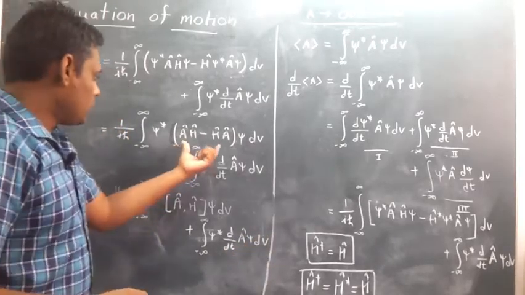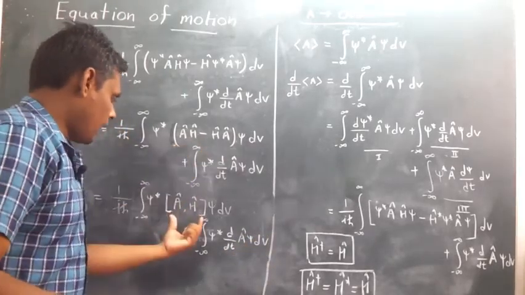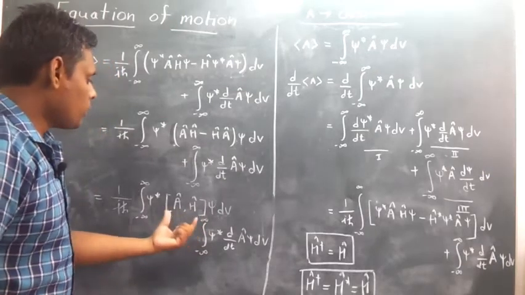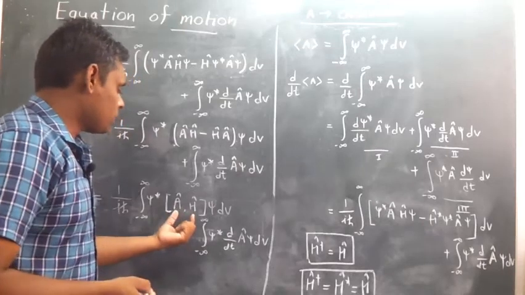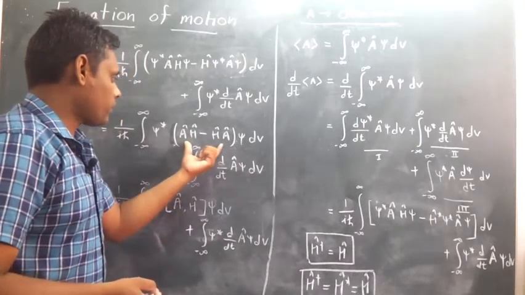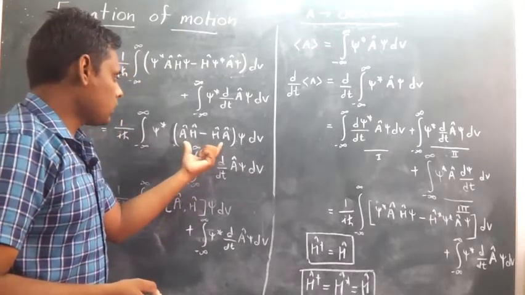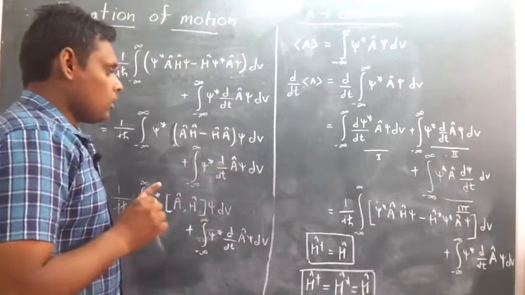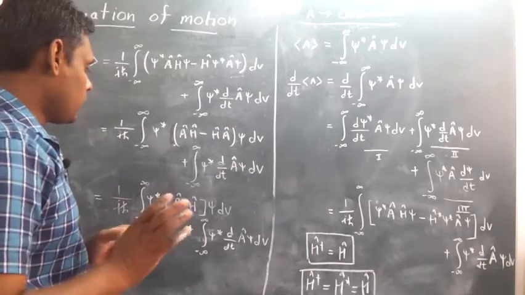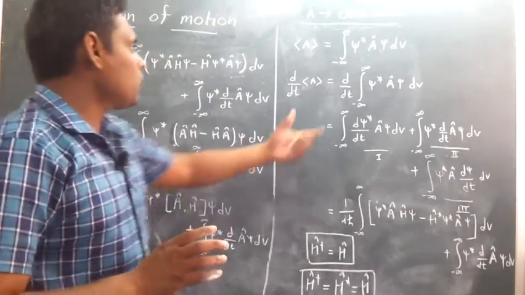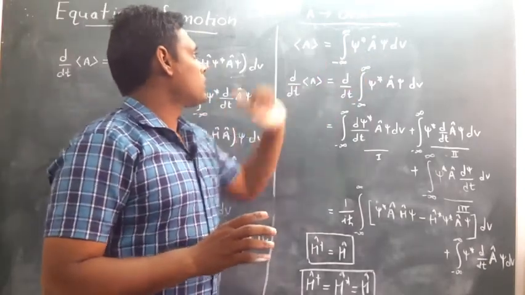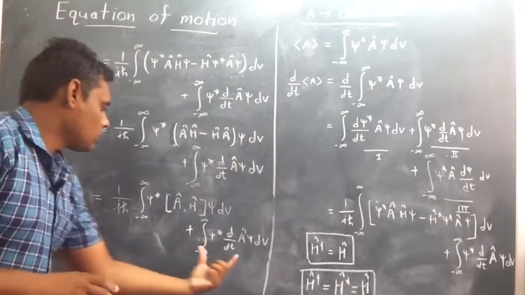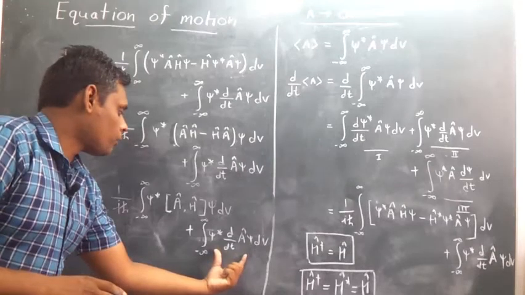So we can write it in the form of a commutator. If you take the commutator of two observables, this is what we get. So I am reducing this integration to a compact form.